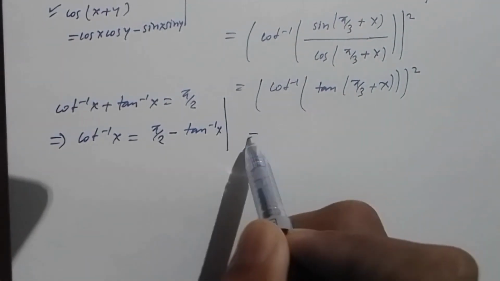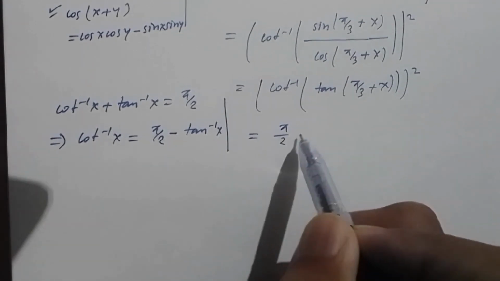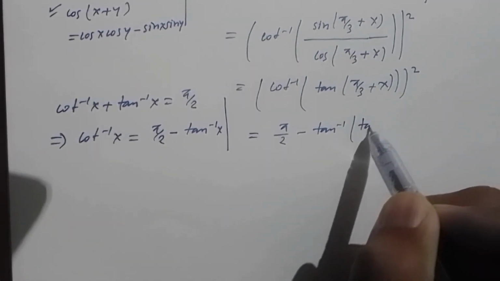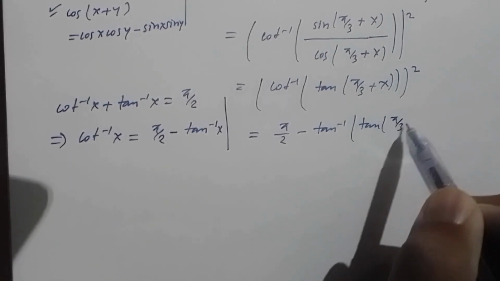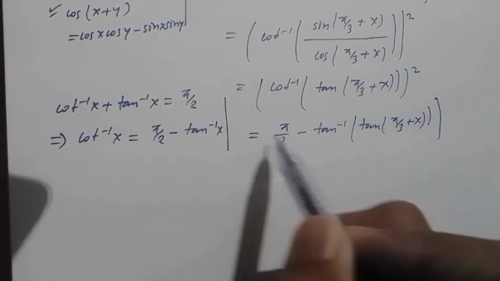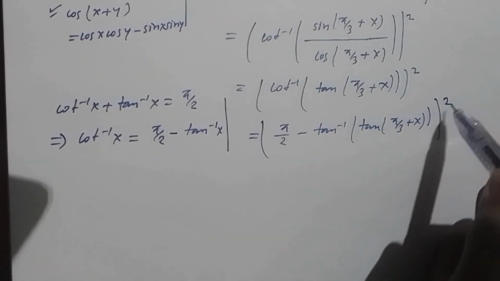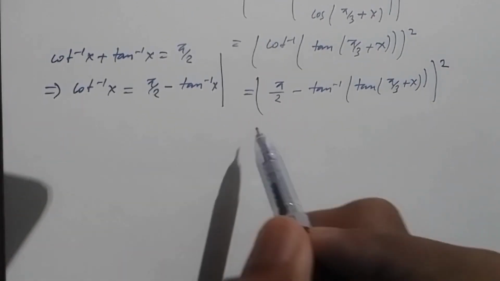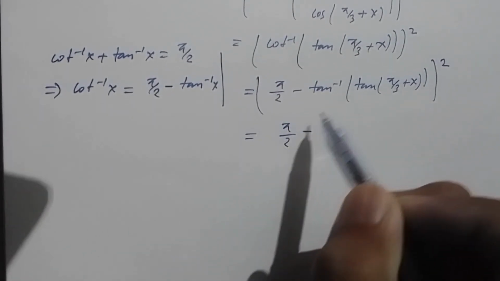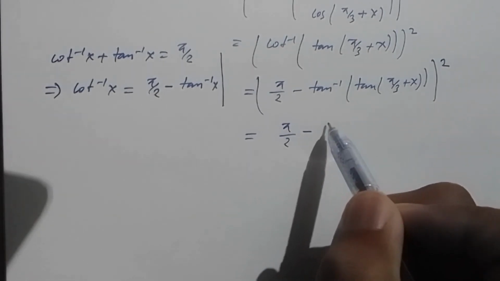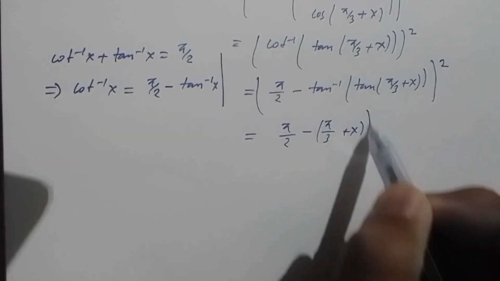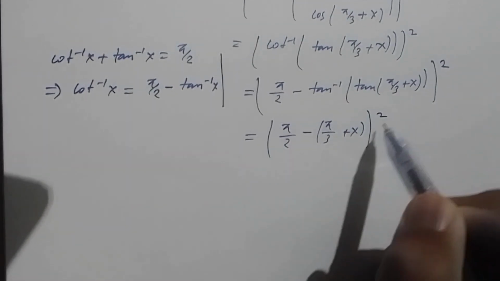Applying this formula, we have (pi by 2 minus tan inverse tan(pi by 3 plus x)) whole square. And that is equal to (pi by 2 minus, tan inverse and tan will be cancelled out, and pi by 3 plus x is left here) whole square.